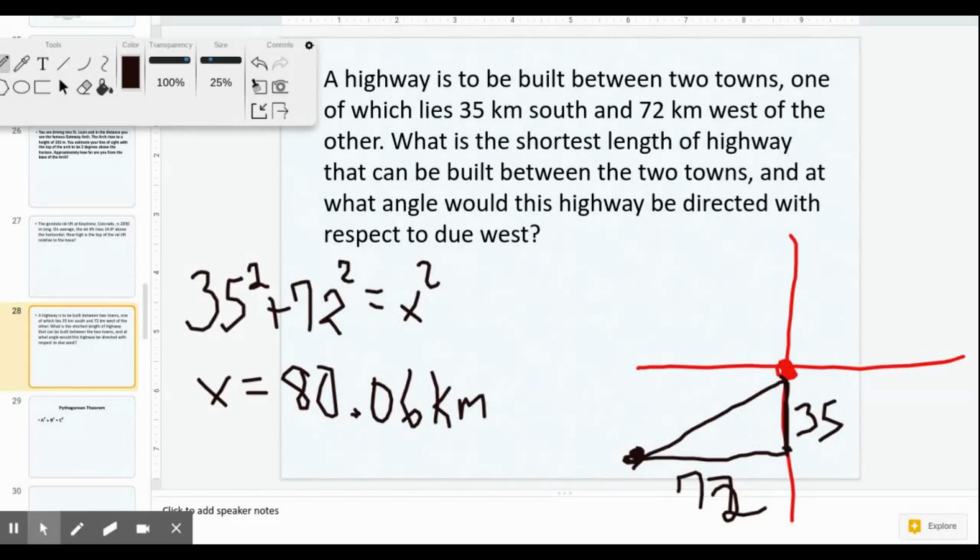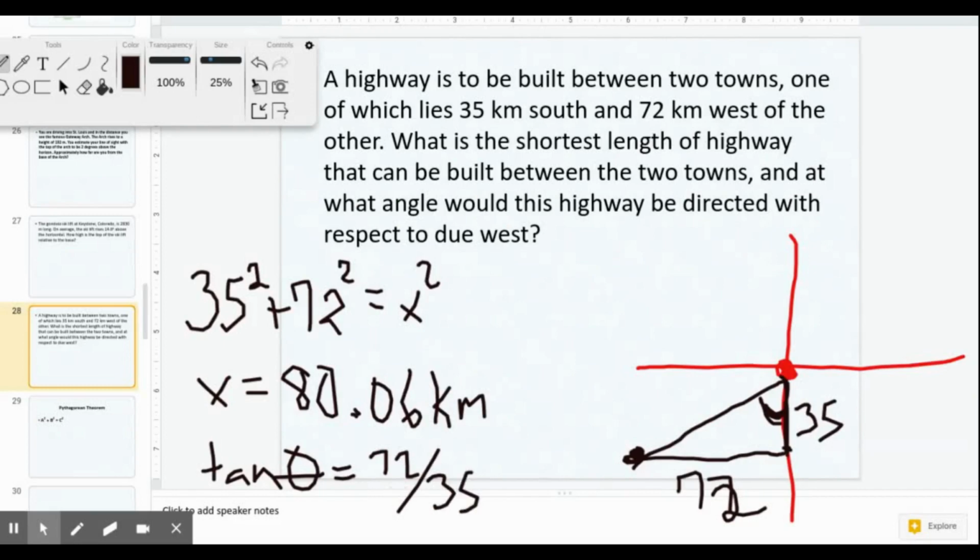Then the next part of the question says, at what angle would this highway be directed with respect to due west? So with respect to west, we would be going this way. So to find that angle, we can use any of our sine, cosine, tangent. If we look at the 72 and the 35, we would be using tangent. So we would have tangent of our angle that we are looking for equals opposite, which would be 72 over 35.